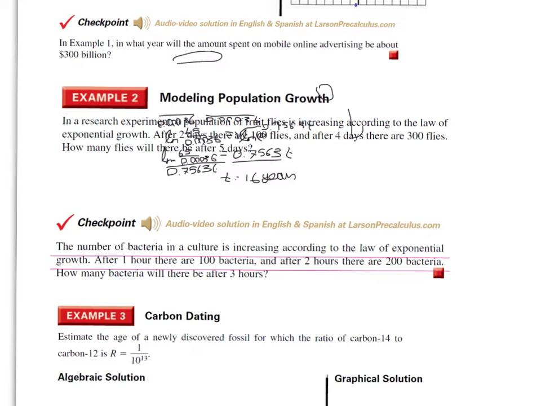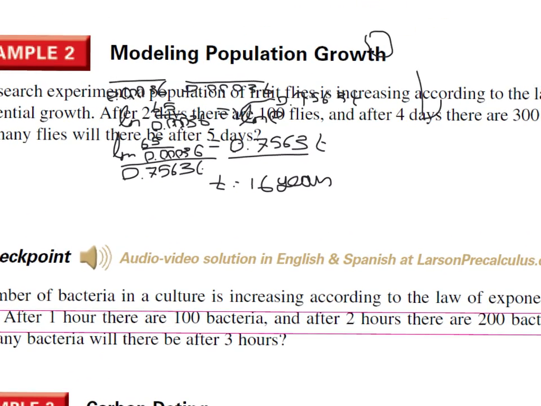Okay, so this next one, we need to think about what we have. Y is equal to 100 when t equals 2, and y equals 300 when t equals 4. So we're going to set it up using our equation. We have two equations going on here.